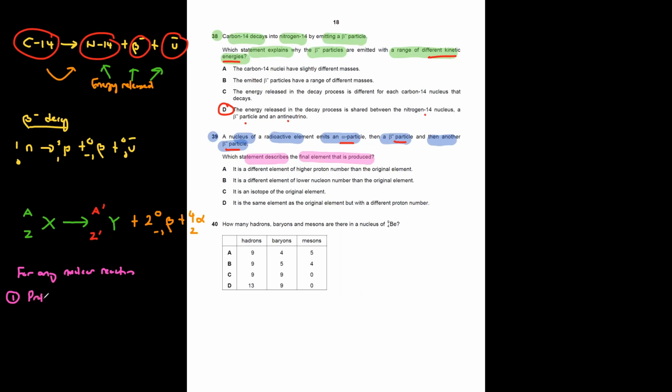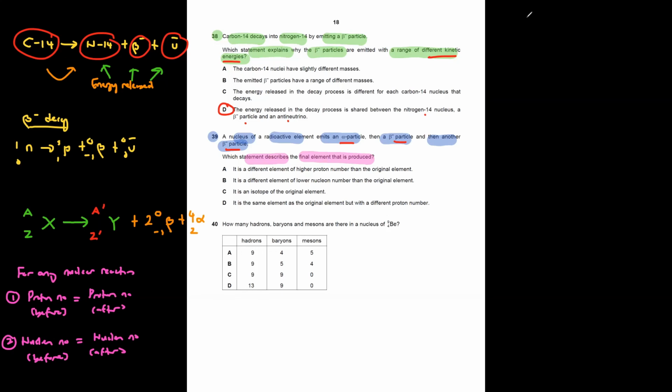The proton number before the reaction will be equal to the proton number after the reaction. Likewise, the nucleon number before the reaction will be equal to the nucleon number after the reaction. So we make use of these conservation laws. Let's look at proton number first.